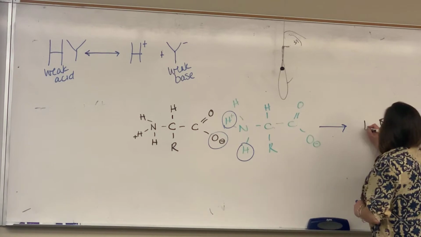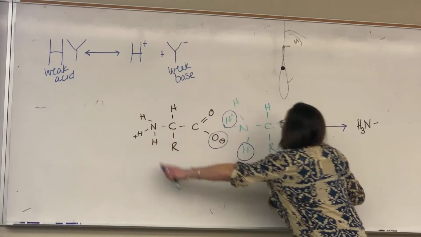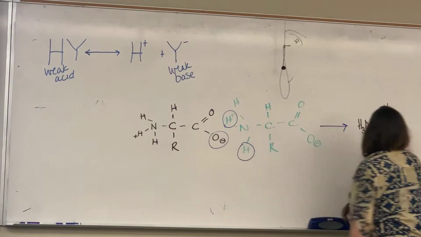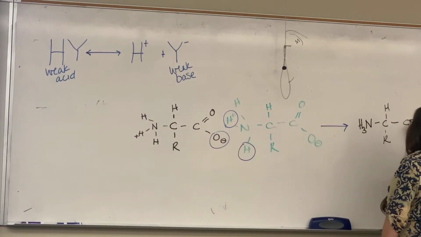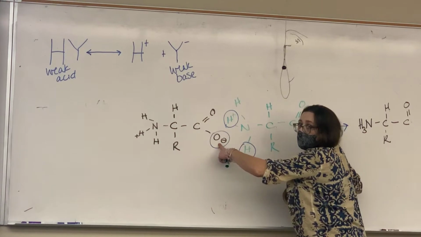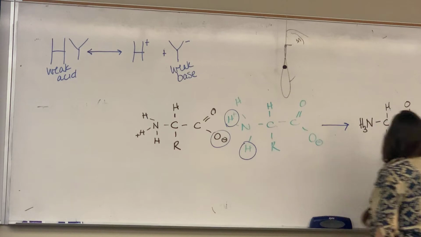We would have NH3, this central carbon, hydrogen, variable R group. And then here we would have that carbon double bonded to that oxygen. That oxygen's going away. These 2 hydrogens are going away.